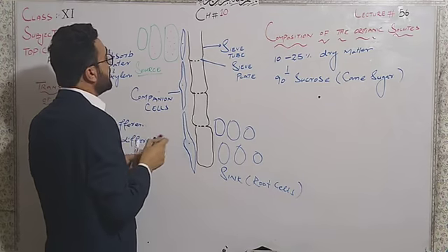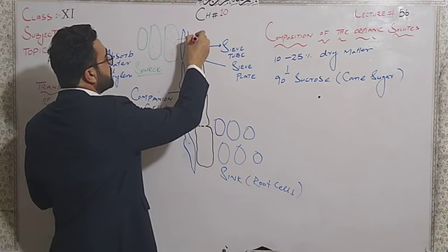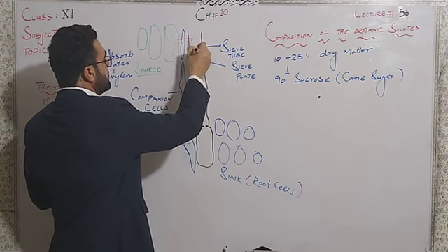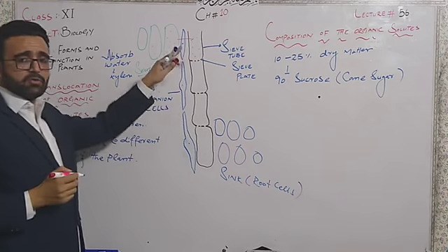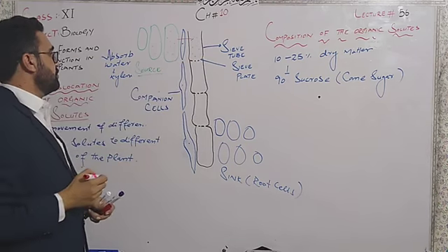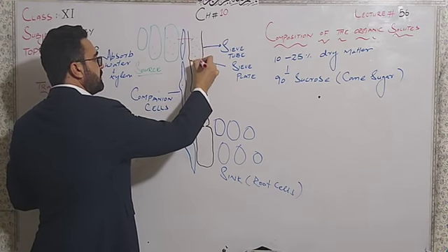That hydrostatic pressure pushes actively by active transport, with energy provided by the companion cells, and these saccharose molecules are pushed towards the phloem. Then they move downward.